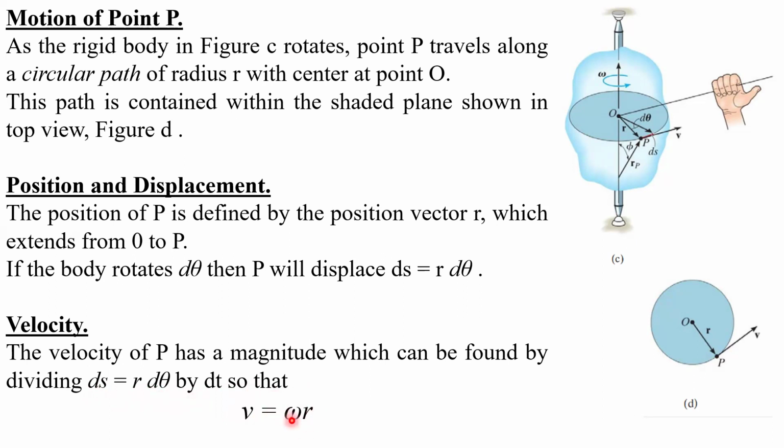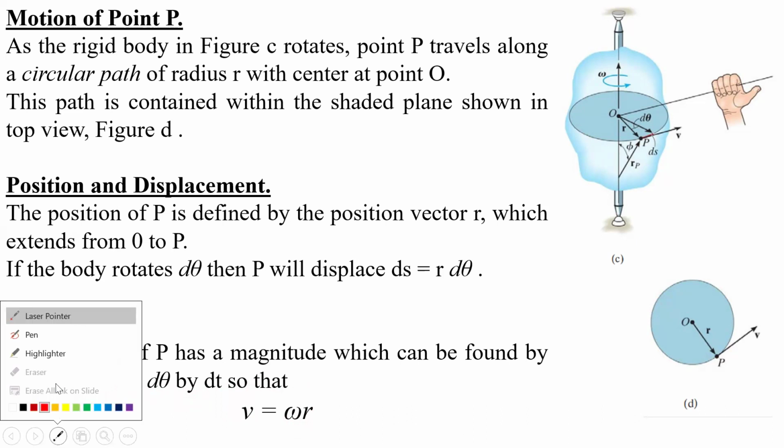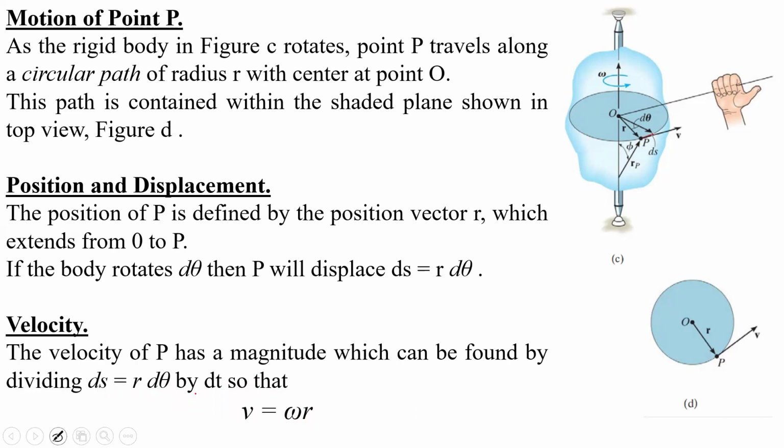So ds/dt is equal to r dθ/dt. That will now give us v is equal to r omega, v is equal to omega r.